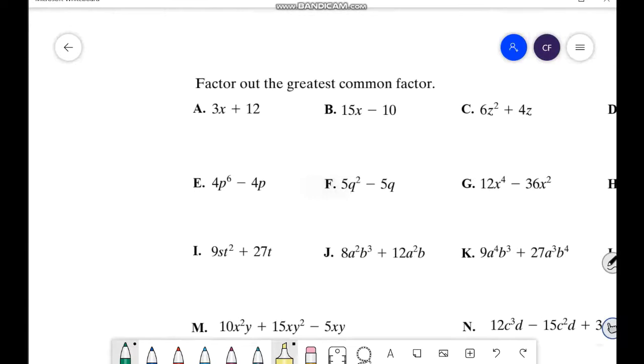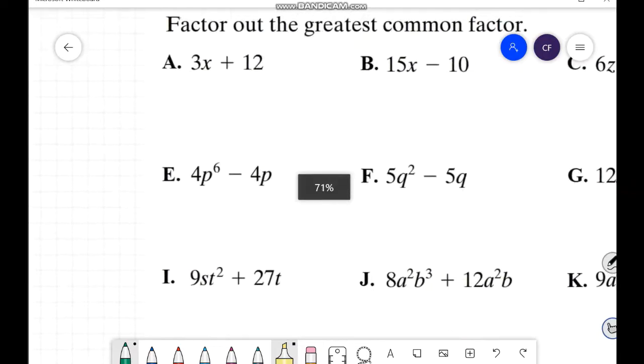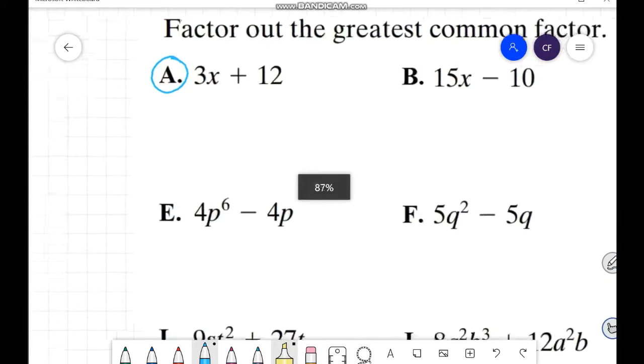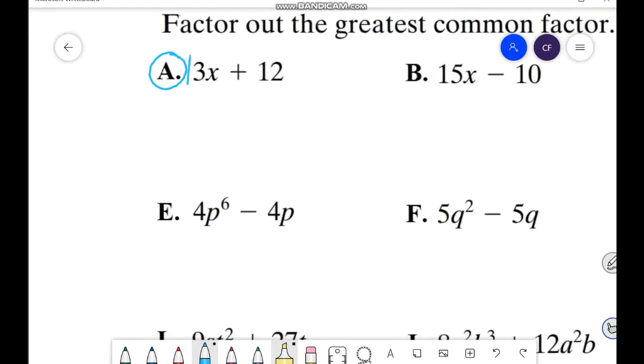On our quiz today, I'm asking you to factor out the greatest common factor. Let's check the first answer, letter A. We start with the coefficients, the numbers, 3 and 12. 3 is 3 times 1, 12 is 3 times 4.